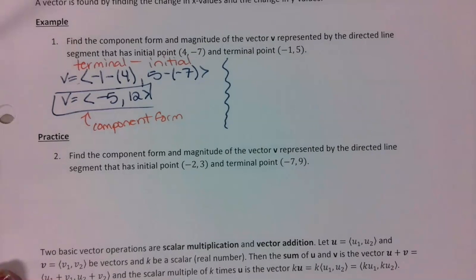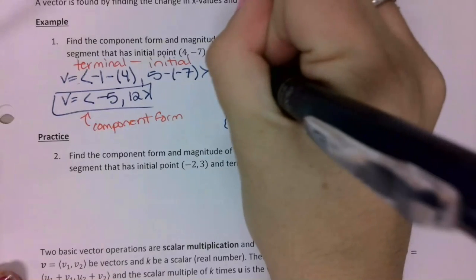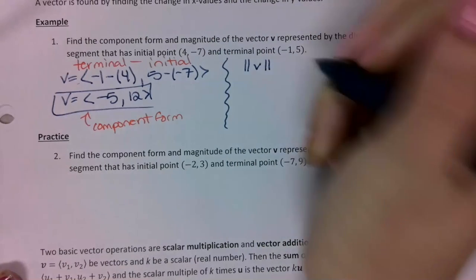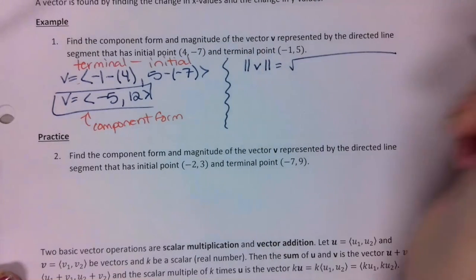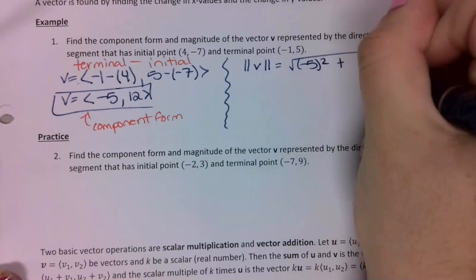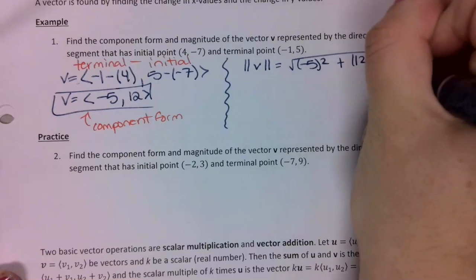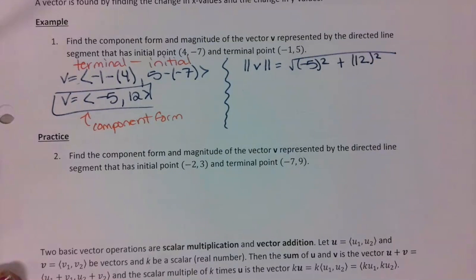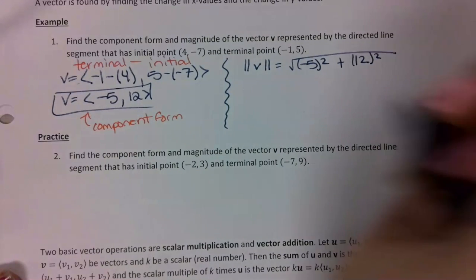Okay. Then I need to find my magnitude, which is going to tell me the distance of this vector. So to do this, I'm going to do the square root of my x value squared, so negative 5 squared, plus 12 squared. And then I can just type that all into the calculator.